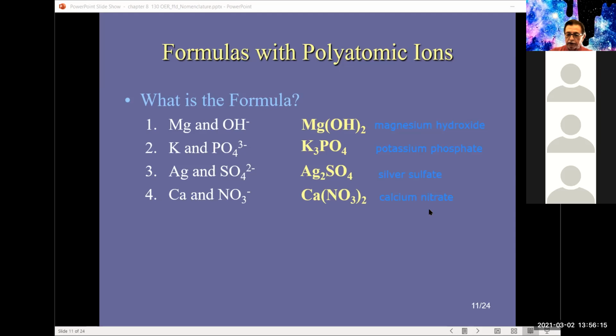Now, again, keep it in mind, you can mix and match here. I can do the magnesium with the phosphate, the magnesium with the sulfate, the magnesium with the nitrate, okay? The potassium with the hydroxide, the potassium with the sulfate, so on and so forth.